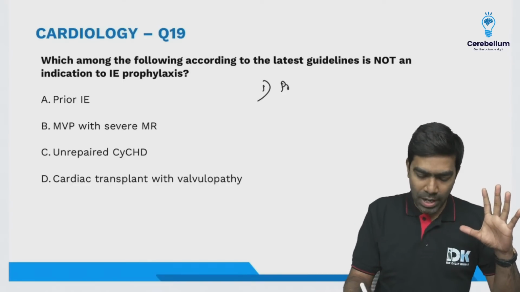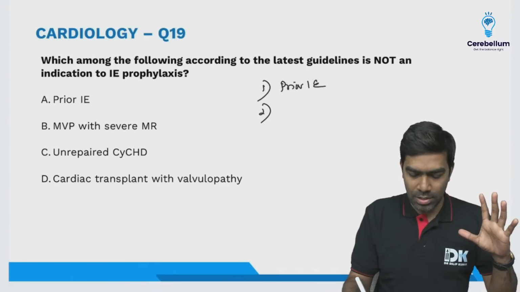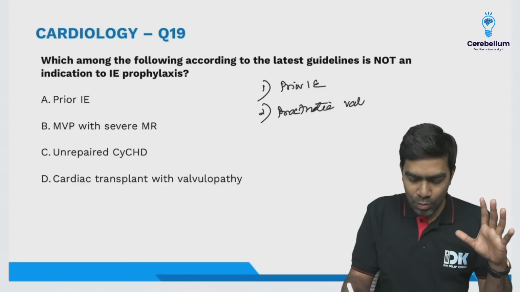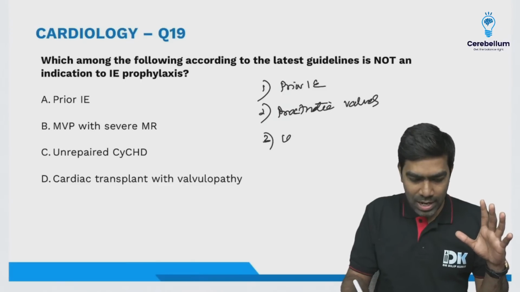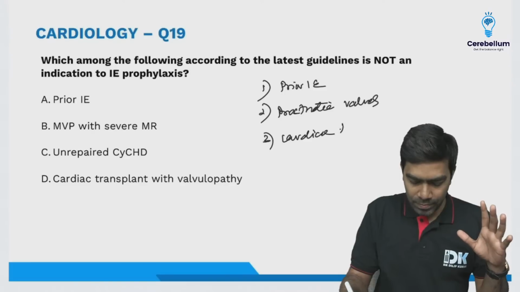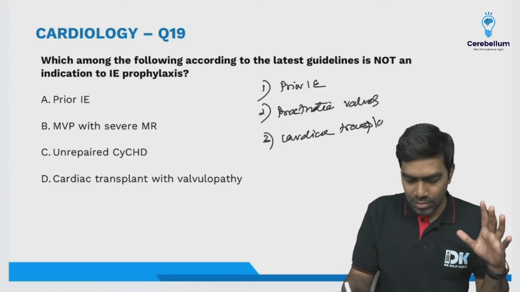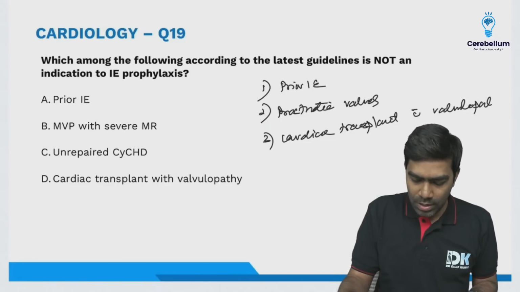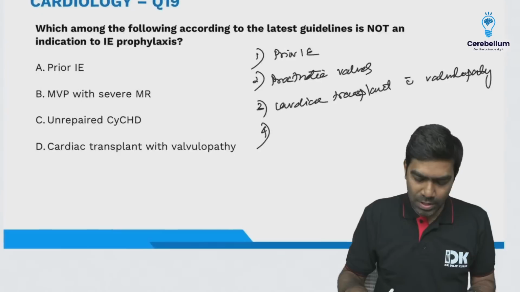But anyway, fine. So what about the 5 important indications? I told you number 1 is prior infective endocarditis, very commonly asked. Second is presence of prosthetic valves. Number 3, cardiac transplant with valvulopathy.